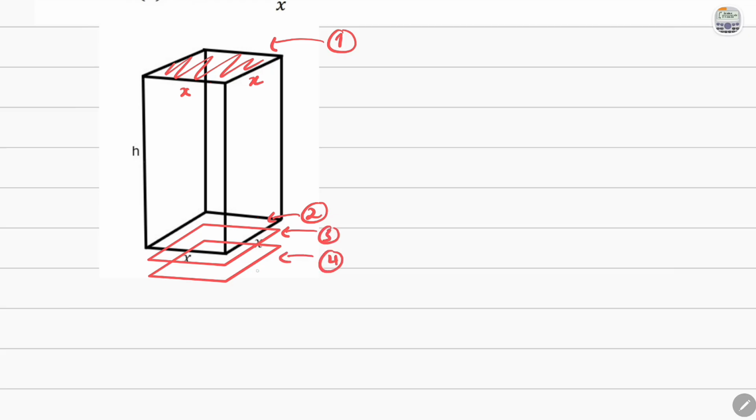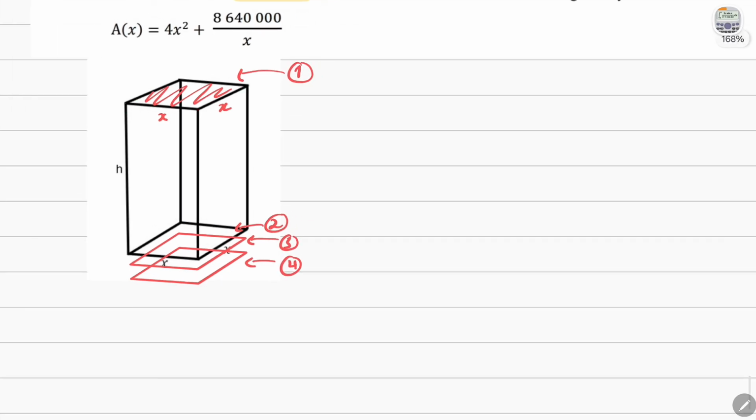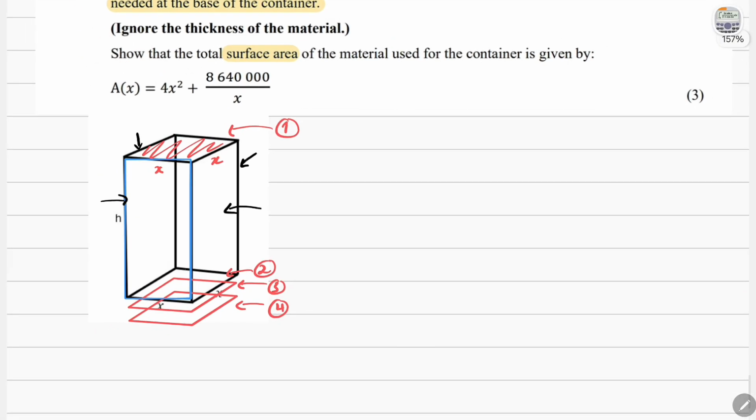So we just know we have 4 of these shapes that we need to consider. And then with these rectangles, we have that first rectangle and it's an x by h rectangle. So that's 1. And then we have the one on the side, 2, the one at the back, 3, and the one on this side, 4.